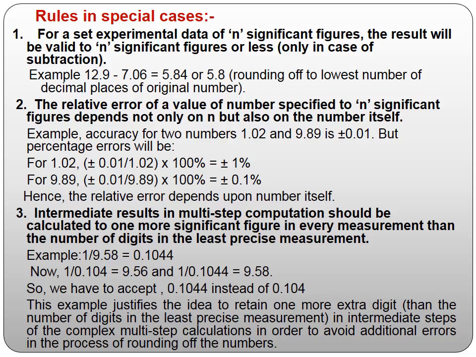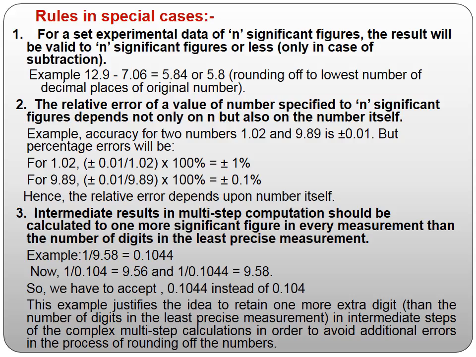For example, if you take the reciprocal of 9.58, you will get 0.1044, whose reciprocal should be equal to 9.58. But if you take the reciprocal of 0.104, it will be equal to 9.56, not 9.58.